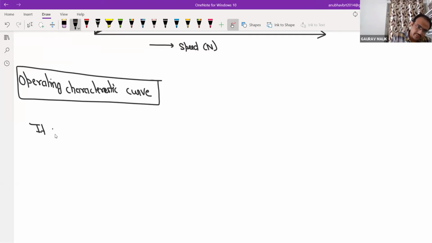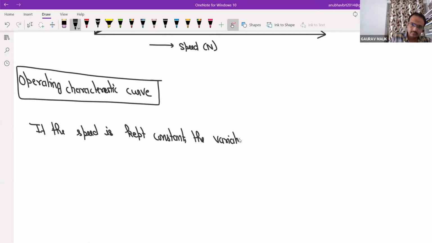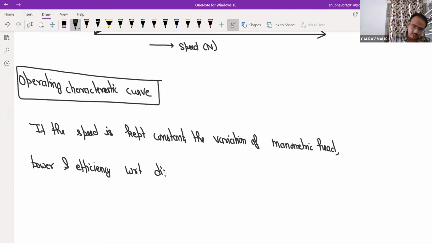So if the speed is kept constant, the variation of manometric head, power and efficiency with respect to discharge gives the operating characteristics of pump.